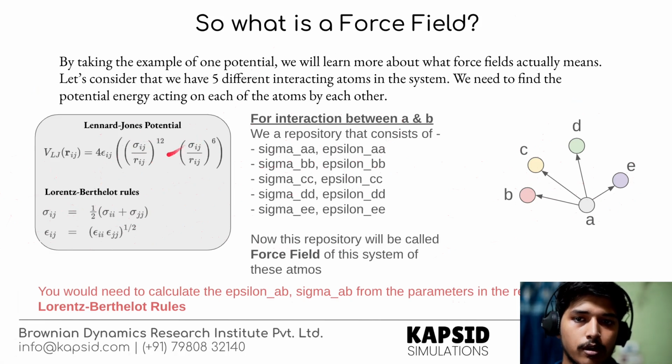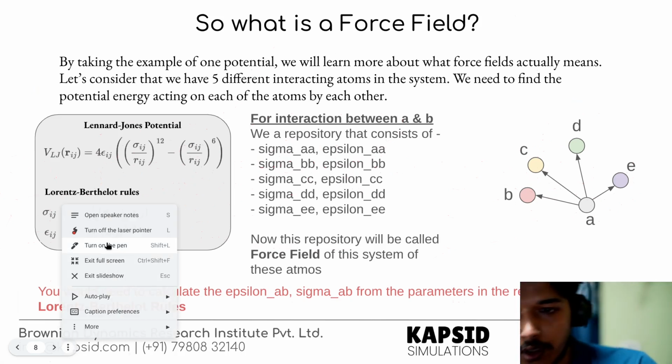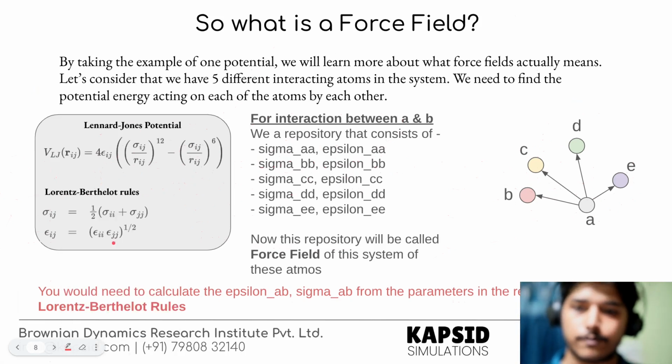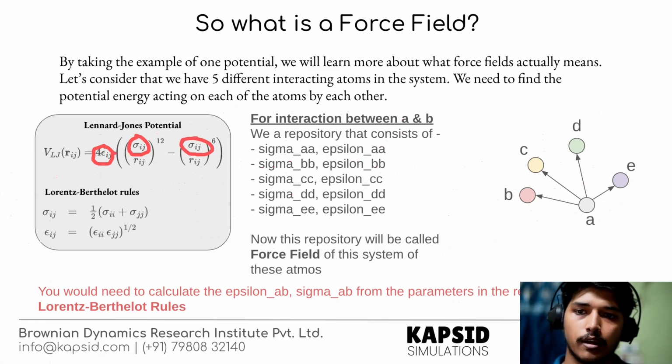So now I have the value of epsilon, I have the value of sigma AB, and here also sigma AB. The only difference that is left is the R, right? Once you have these values and you remove those things, it's basically just a nonlinear function of R. And what is R here?